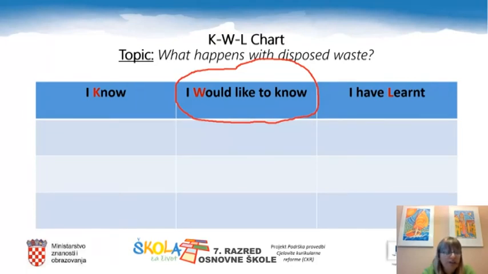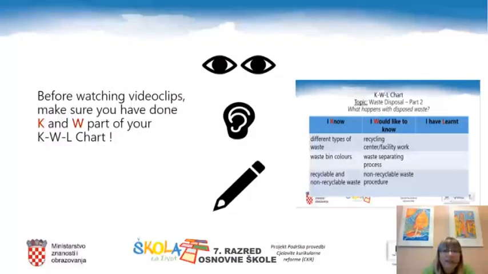As you can see, the column is circled in red. Please make sure you have done K and W part of your KWL chart, which means the first and the second column of the chart, before watching video clips.